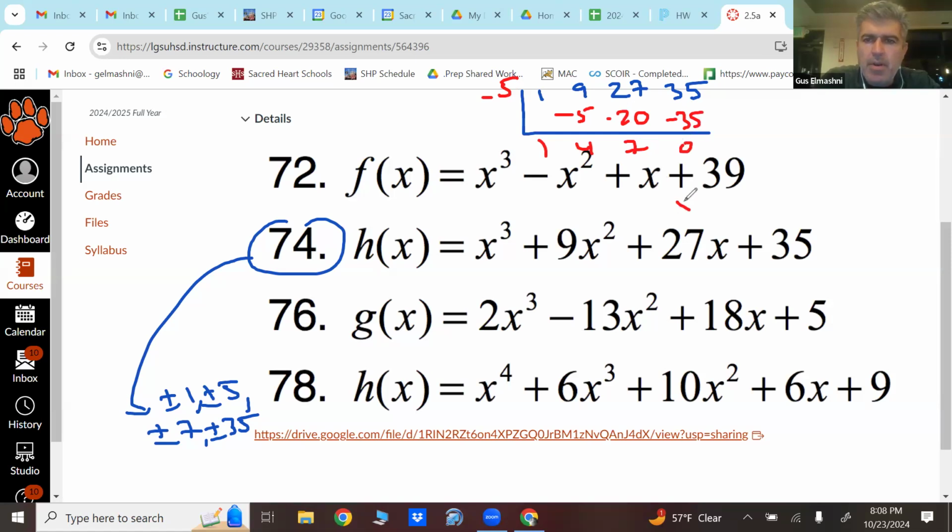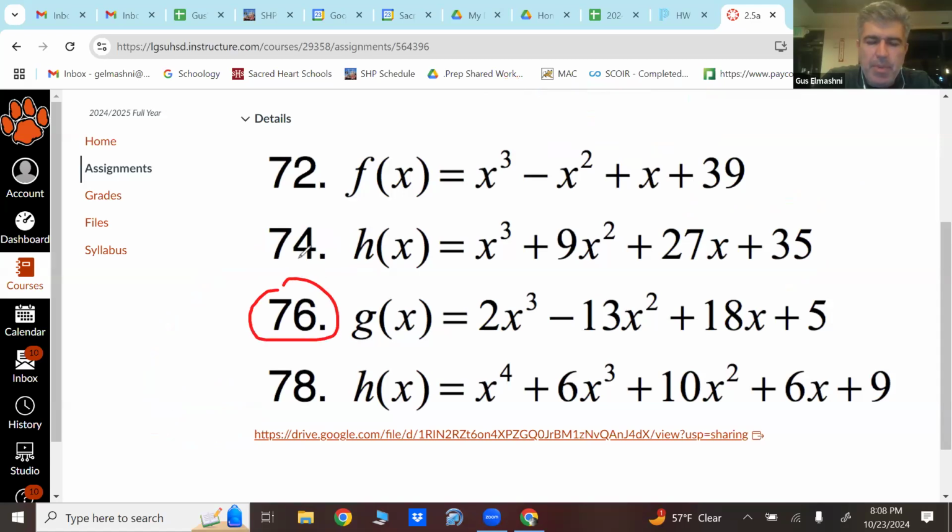So you get x squared, and then you just do the quadratic formula. I trust you could do that just fine. And you kind of rinse and repeat for these other ones here.